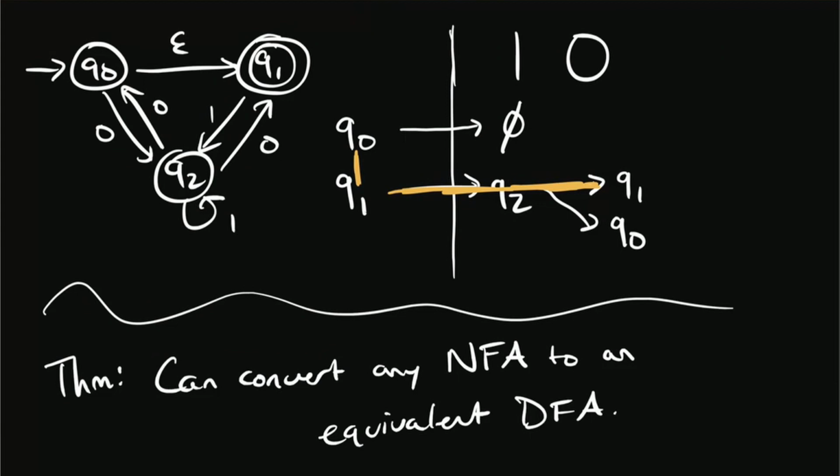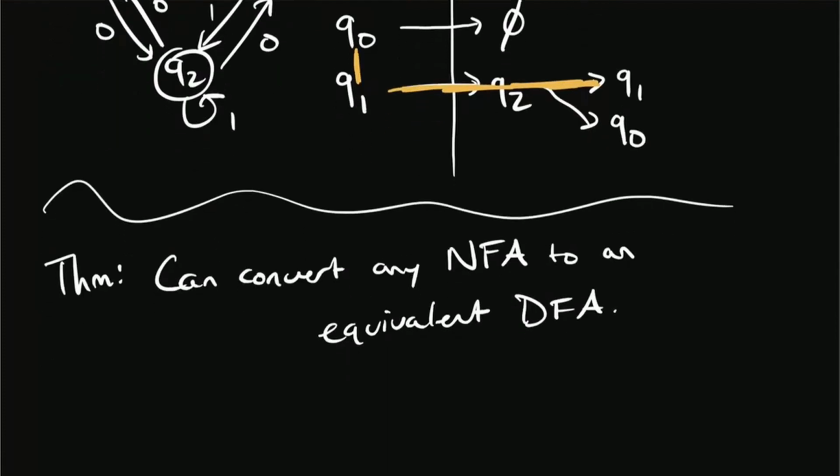Okay, so how in the world are we going to prove this? Well, let's see. If I can give you an algorithm, say, I present to you an NFA, and the algorithm makes the DFA, is that all we need? So if I give you an algorithm to actually convert the NFA to a DFA, is this all we need?